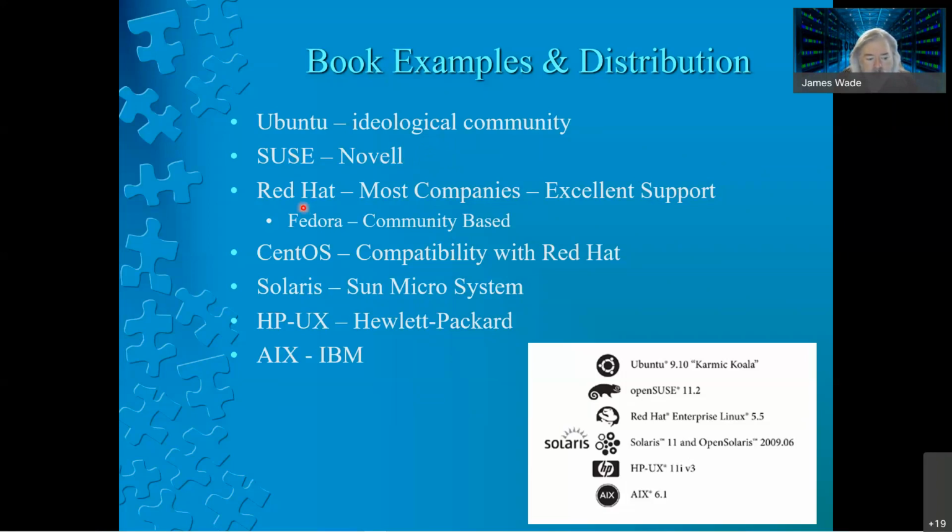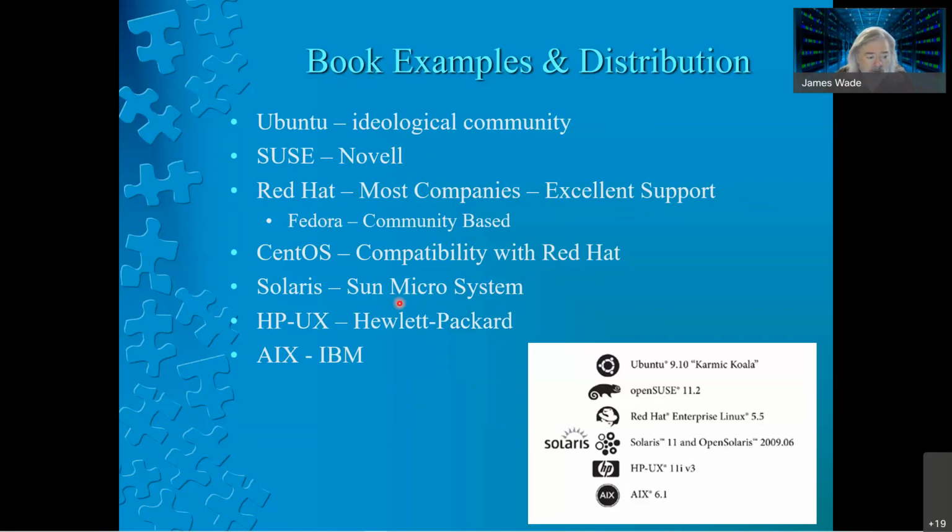Red Hat, most companies use Red Hat. It has excellent support. And usually when you go into major companies, they're using Red Hat. Fedora Core is associated with Red Hat. They're community-based. CentOS does a lot of compatibility with Red Hat. Solaris was from Sun Microsystems.